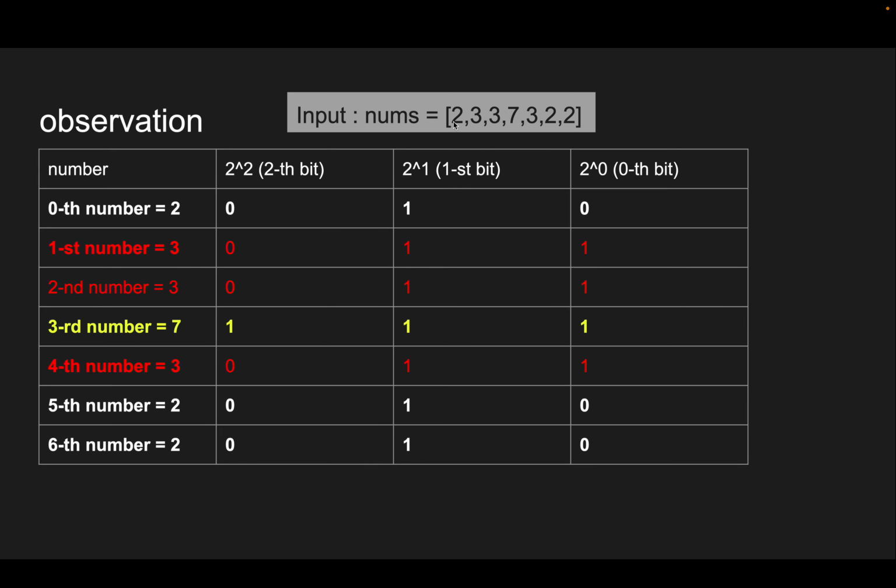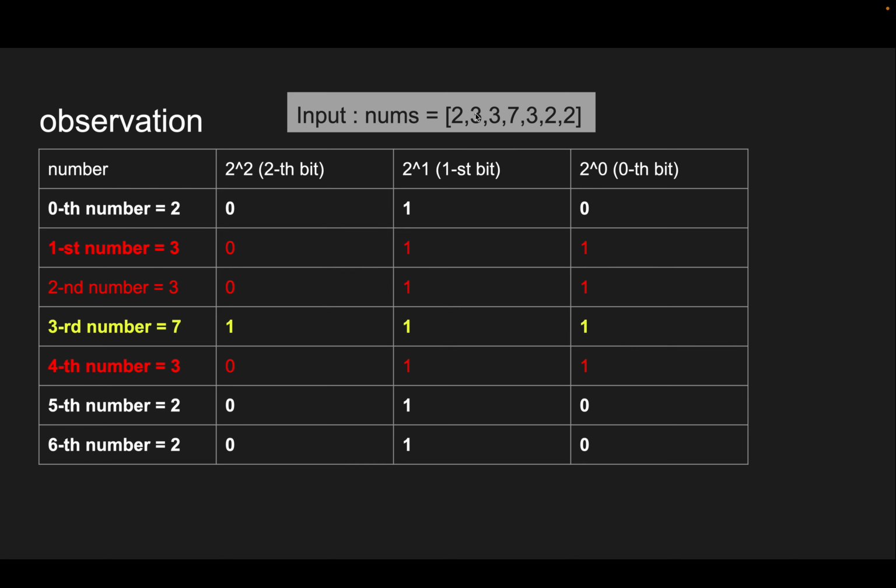We represent each number in this array by its binary representation. So 2 equals 010, and since it appears 3 times, we just copy it to the fifth and the sixth.